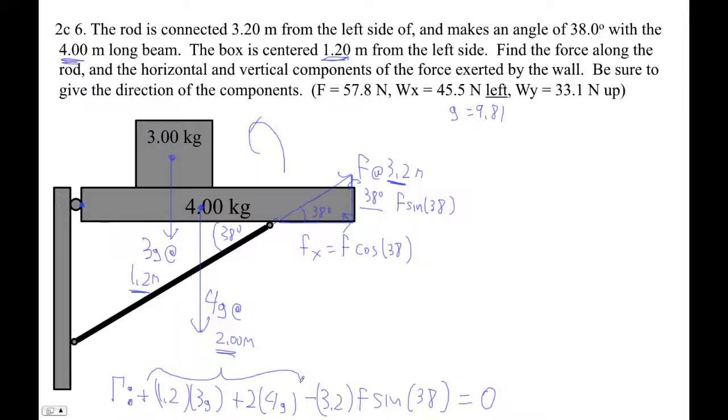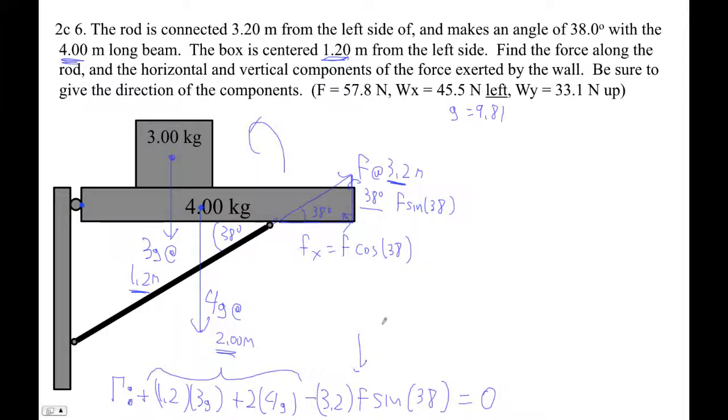Okay, so 1.2 times 3 plus 2 times 4 times 9.81. 113.68 is this, and then I'm going to divide by 3.2, divide by the sine of 38. 57.702. Getting a slightly different answer here.